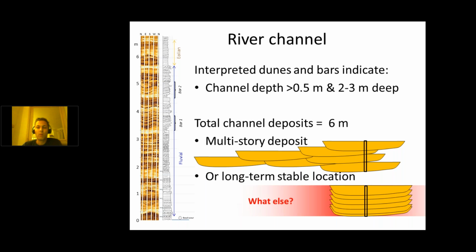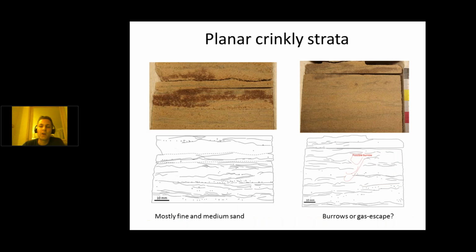Now, what we want to know, in addition to the behavior and the thickness of that channel, is what else is going on around there and what these channels are placed in. So we're looking at floodplains here. And we've got a large amount, up to about 30% of the core, that is composed of these planar, crinkly strata.